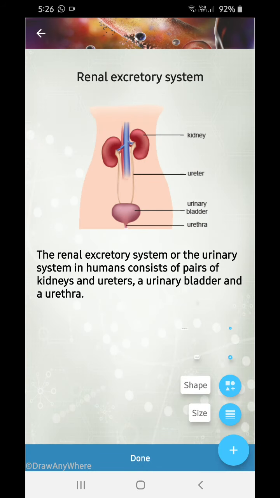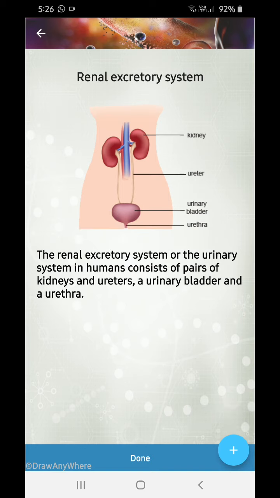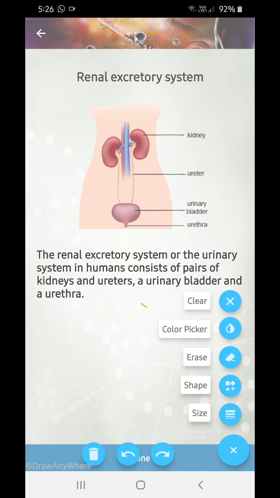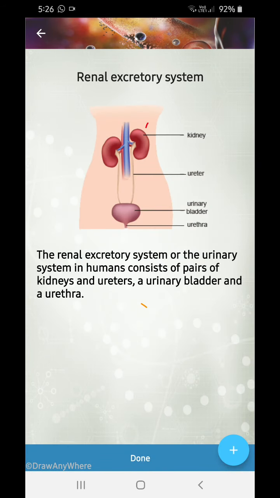The blood is coming through the renal artery and the renal vein, and it travels to the kidneys. Then the kidneys are filtering it, and it is coming to the ureter, and then the urinary bladder is storing urine, and then the urethra is releasing it.